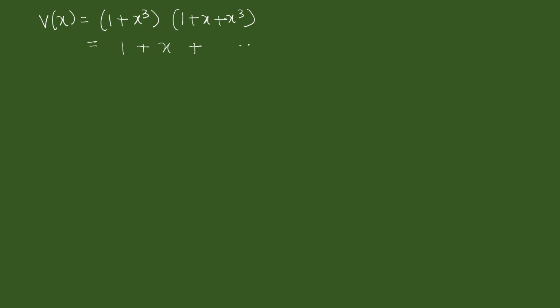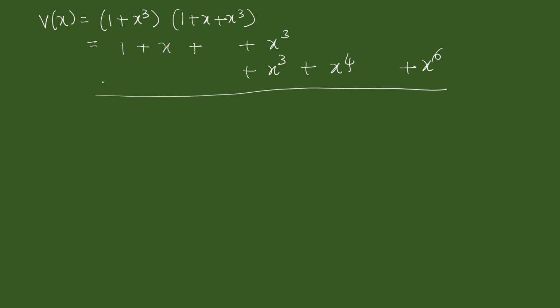Let me leave one place for x square, if there is any. And then I consider x cube and multiply with every element in the second polynomial. So the first that I get is x cube plus x raised to 4 plus x raised to 6.